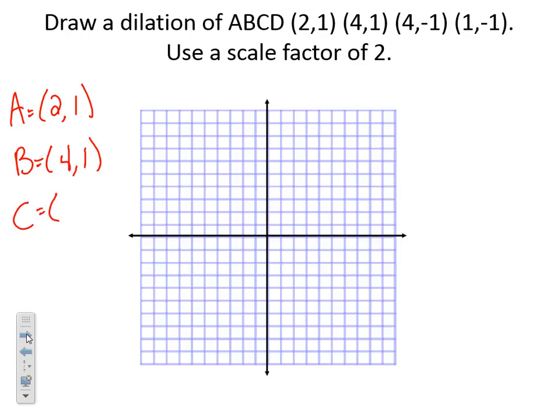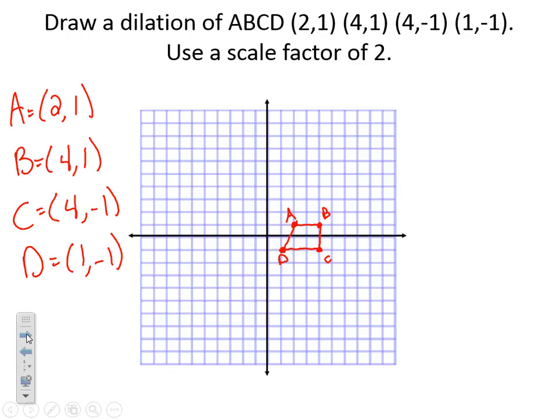C is 4, negative 1, and D is going to be 1, negative 1. Now we're going to come out here, we're going to plot these points. So 2, 1, here's A, B is going to be 4, 1, C is 4, negative 1, and then D is 1, negative 1. So here is my shape.